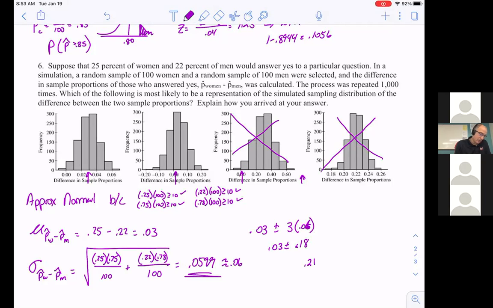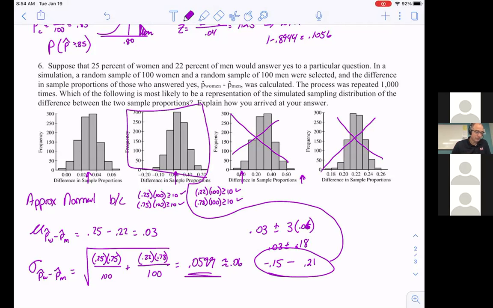If I subtract those, I'm going to get negative 0.15. So I'm trying to find a scale that goes from negative 0.15 to a positive 0.21. So because of that scale, my winner is this guy here. Okay. So I'm going to stop my screen share.